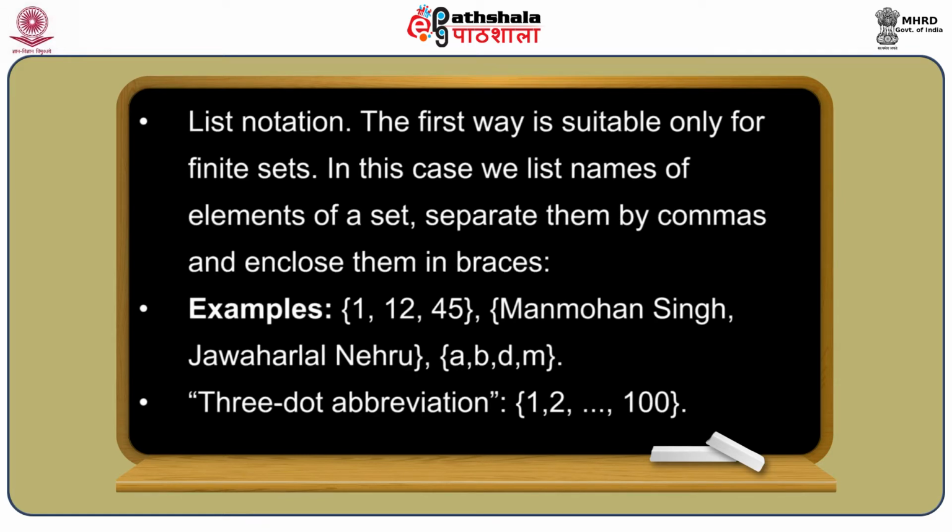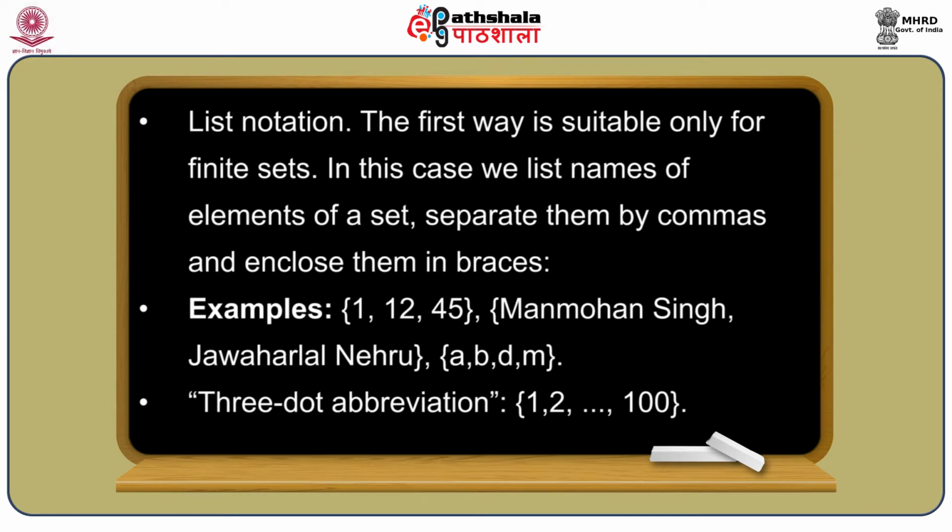List notation. The first way of specifying sets, namely the list notation, is basically suitable only for finite sets. In this case, we list the names of elements of a set, separate them by commas, and enclose them in braces. For example, if we say {1, 12, 45}, that means the set whose members are 1, 12, 45, and nothing else.